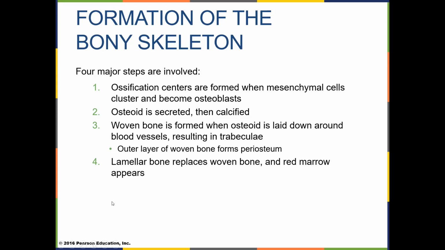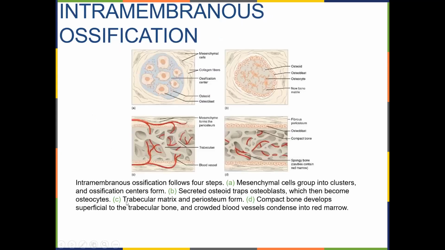It looks something like this, we end up with a lot of diploid type of form. We have our osteoblasts forming here, laying down the compact bone on the outside with the spongy bone inside here.